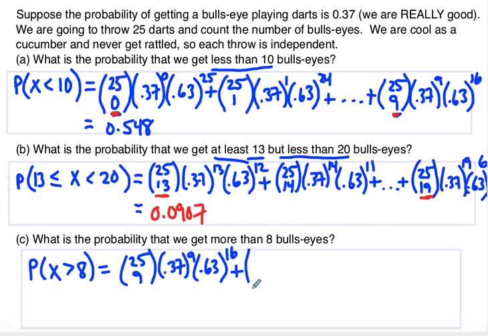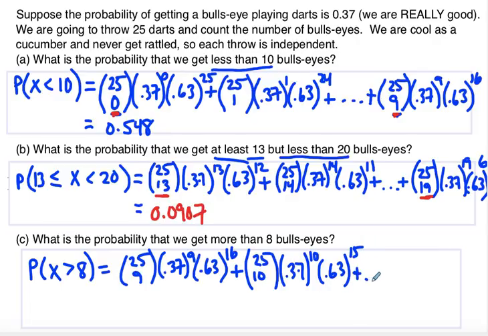And then we've got the next one. So we're starting at 9 and we're going up, greater than. So the next one would be a 10. That would be 0.37 to the 10th. 0.63 to the 25 minus 10.